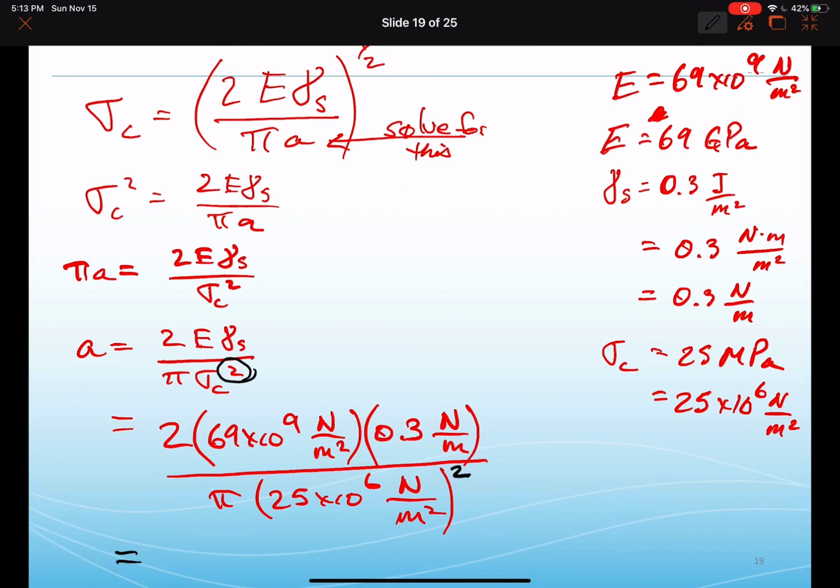So newtons times newtons will be newtons squared, and that newton squared will disappear therefore. We will end up also with per meter cubed in the numerator, and we're going to cancel 2 of them.